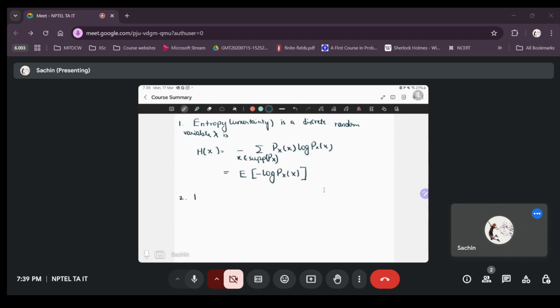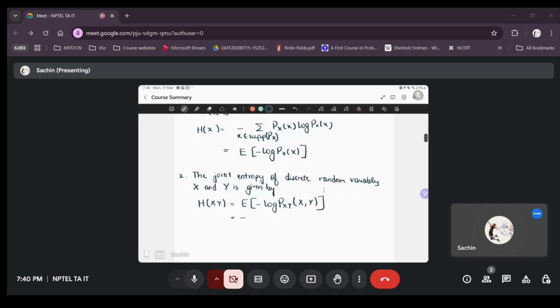If you have two random variables, we define a quantity called the joint entropy, which is denoted by H of x comma y and defined as the expected value of minus log p xy of x comma y.